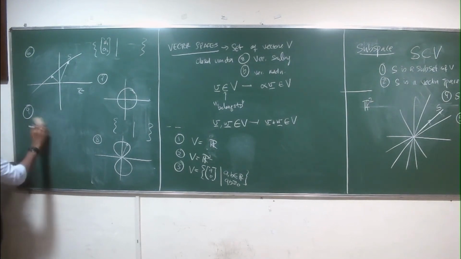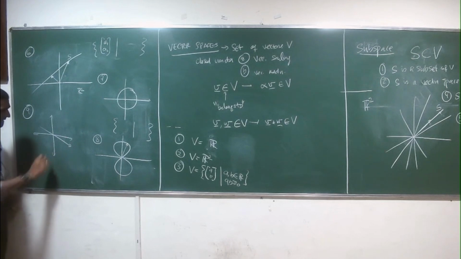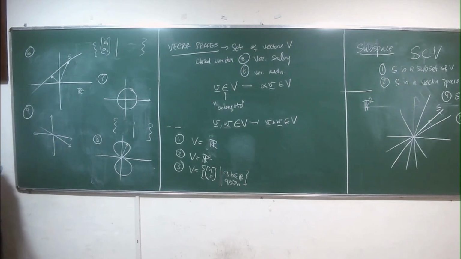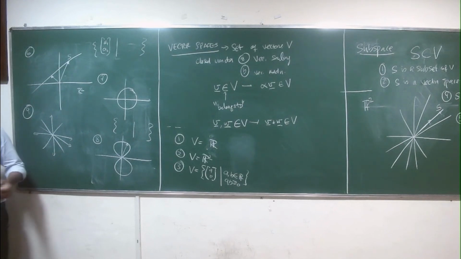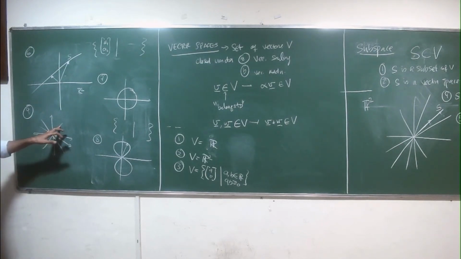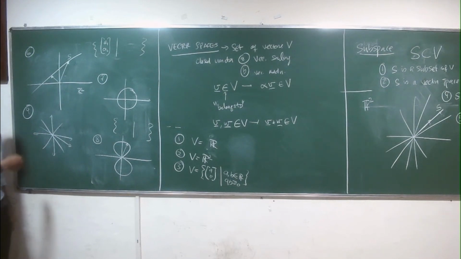Now, I'll still keep it geometric. That way it's easier. It turns out in R3 also, any lines that pass through the origin in the three-dimensional space will actually form subspaces of R3. Okay, that's one. But you also have additional subspaces in R3. Any plane that passes through the origin in R3 will also be a subspace.